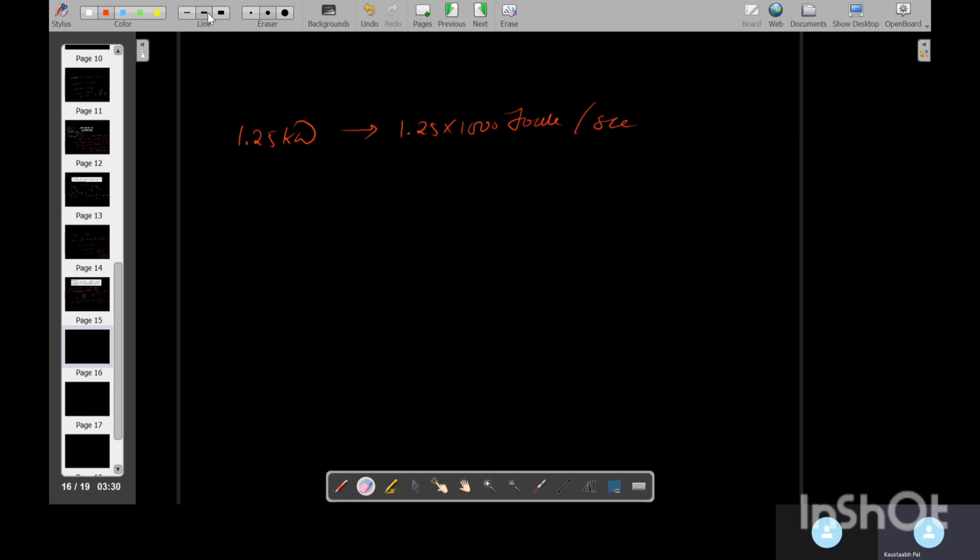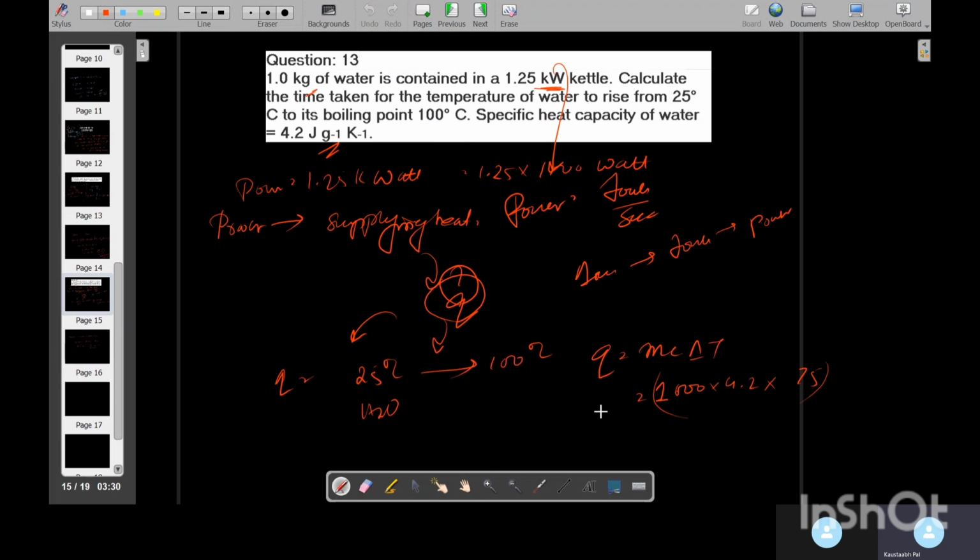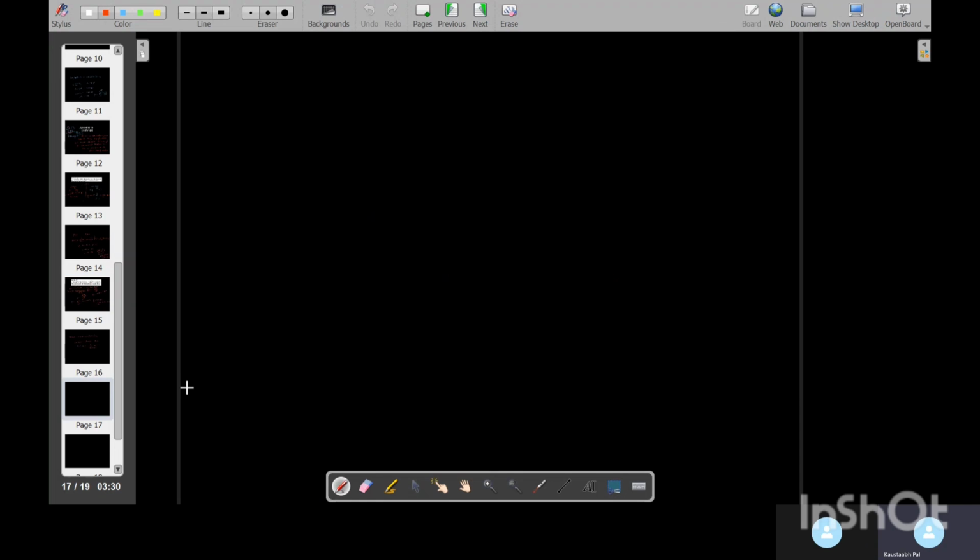You always have to write what? 1.25 into 1000 joule in 1 second. So 1 joule will be given in 1.25 into 1000, right?